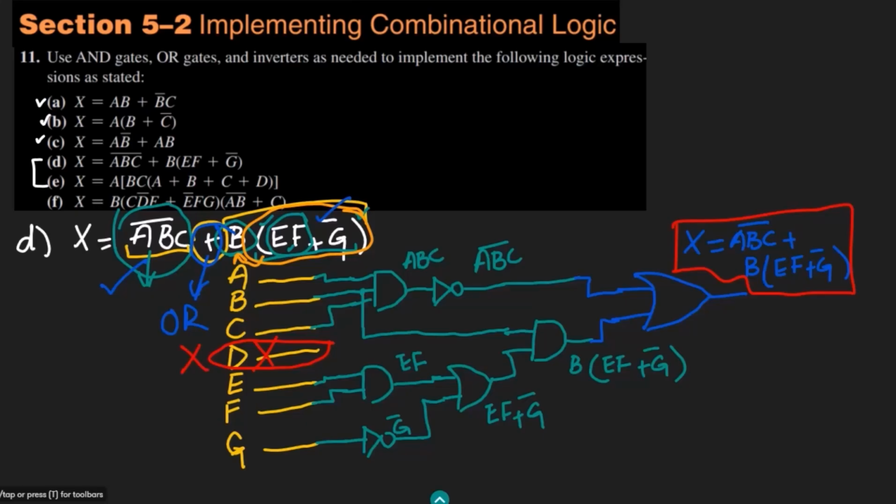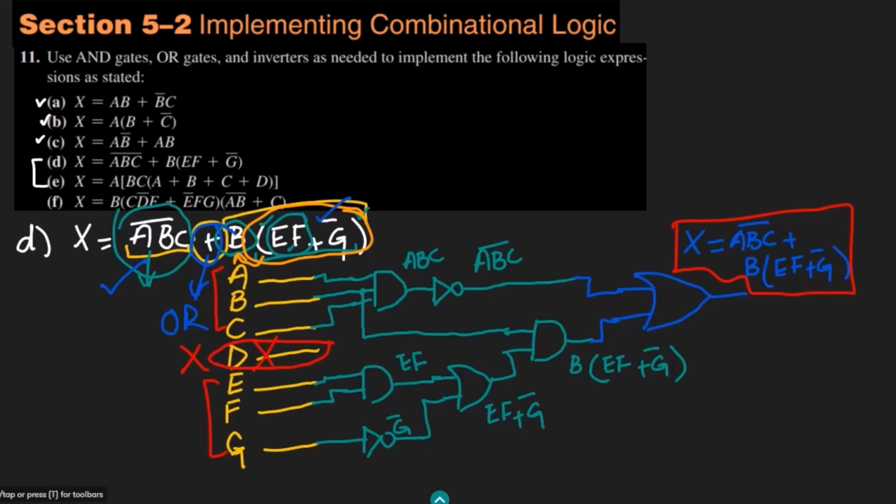So I will not use it either, but the domain of it will be composed of A, B, C, E, F, G. These three and these three will compose the domain of it. So this is the solution of part D here.